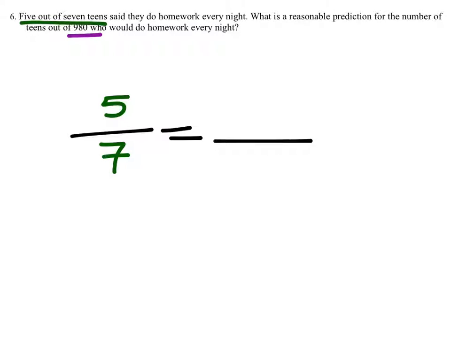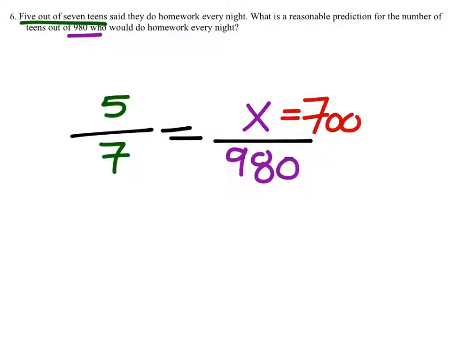So out of 980 right here, that's the total number of students. How many would we expect? All right, so you could use whatever you want on these, but fish method, cross multiplication, whatever, it'd be 700. But the answer actually is not 700. You just put teens, that'd be fine.